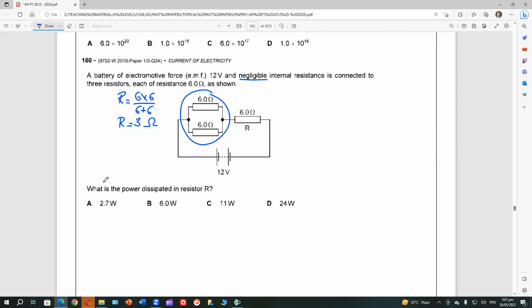It is coming as 3 ohm. And there is a 6 ohm resistor in series. So 9 ohm it will become.